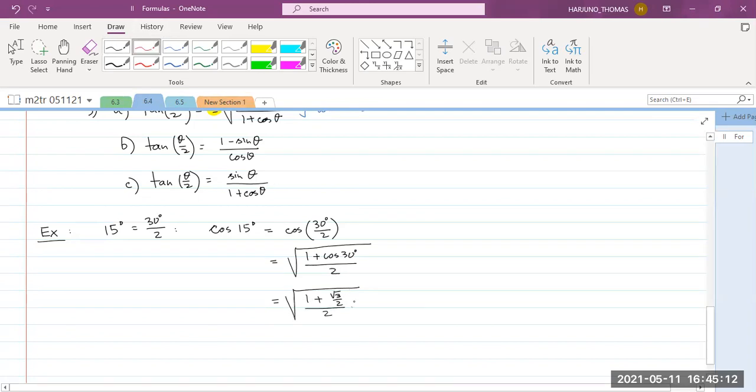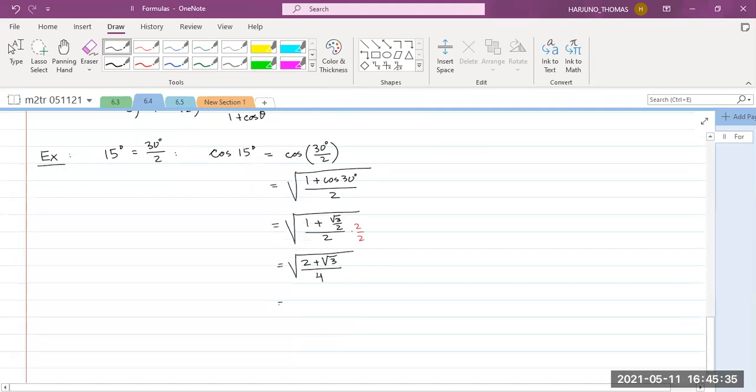Multiply the top and the bottom by 2 inside the square root, which gives me square root of 2 plus radical 3 over 4, which is equal to 1/2 radical 2 plus radical 3 over 2.